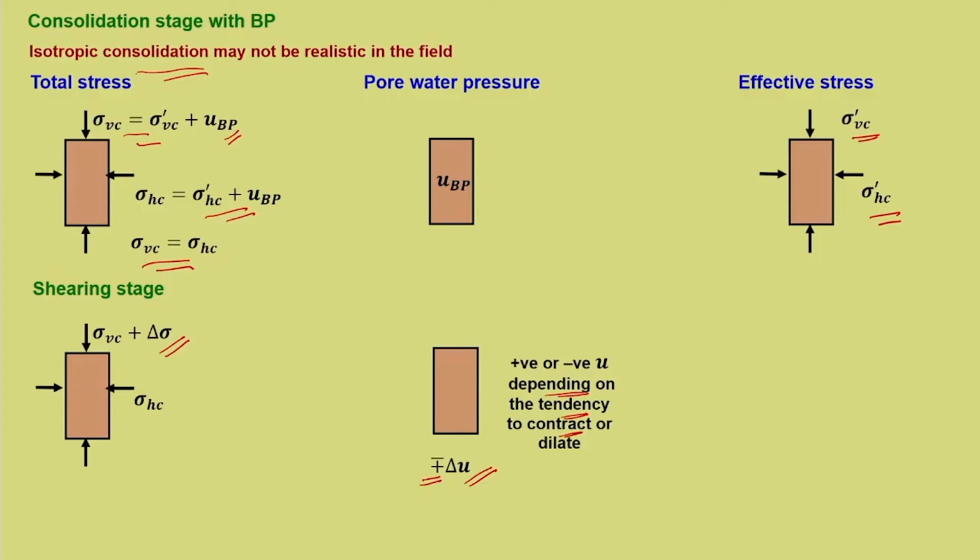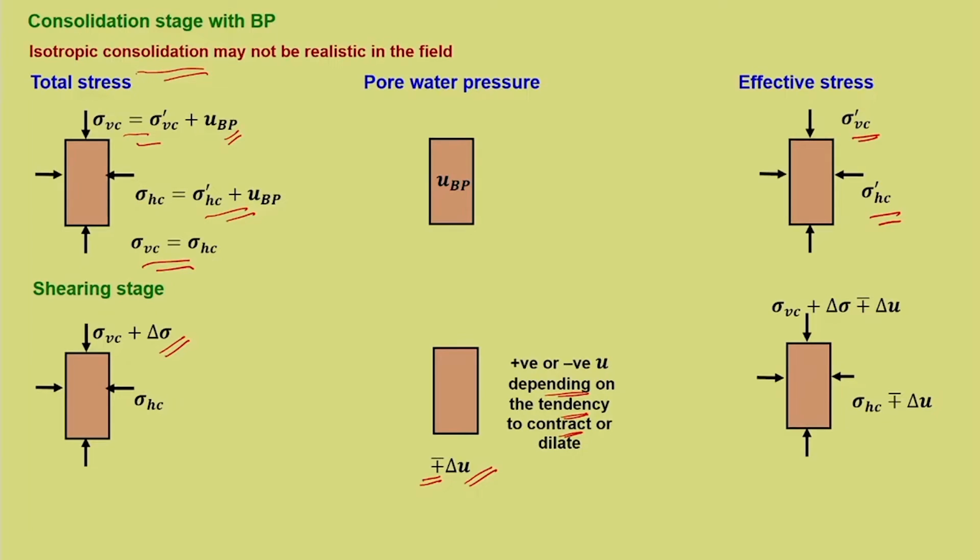Let us say that there is a volume change which is permitted for this particular sample. Now during volume change, what happens to this soil during shearing? We have seen this in our previous lecture, that this sample will have a tendency to either compress or dilate. So that is the volume change. In this case volume change is not permitted, so that translates to pore water pressure.